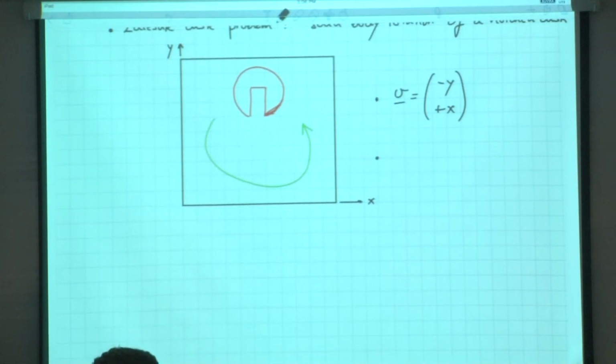So after 1 period, the exact solution is the same as the initial solution.